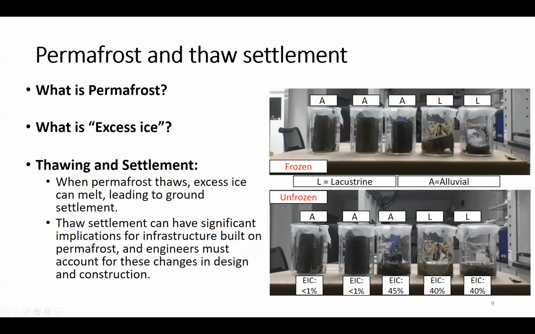For those samples which have very low excess ice content, we do not see any settlement, or it could be negligible, but for the third on the right, there is more than 40% excess ice content, so you can see that kind of thaw settlement. And this settlement can have significant implications for infrastructure built on it.